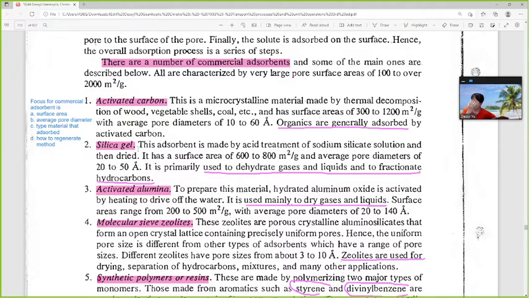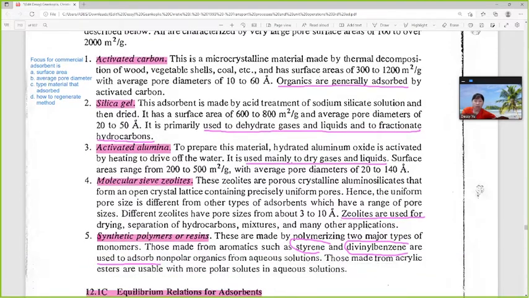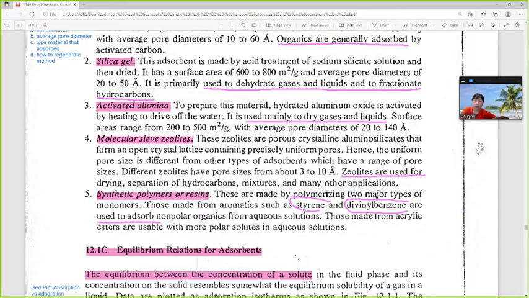Silica gel is used to dehydrate gases and liquids and to fractionate hydrocarbons. The third, activated alumina, is used mainly to dry gases and liquids.